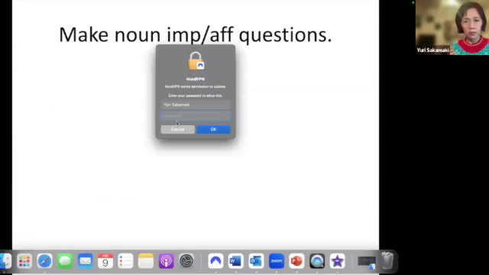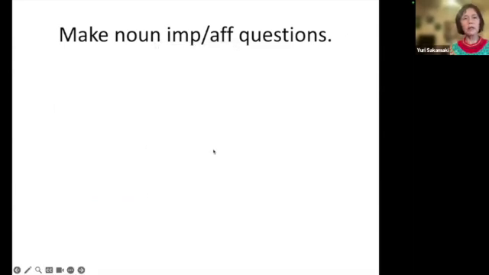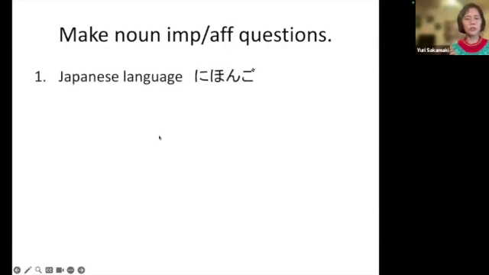All right. So can you make imperfective affirmative questions using these words like Japanese language? So Japanese language was Nihongo. So let's ask maybe this book, but you don't have to say it because it's obvious, is in the Japanese language.